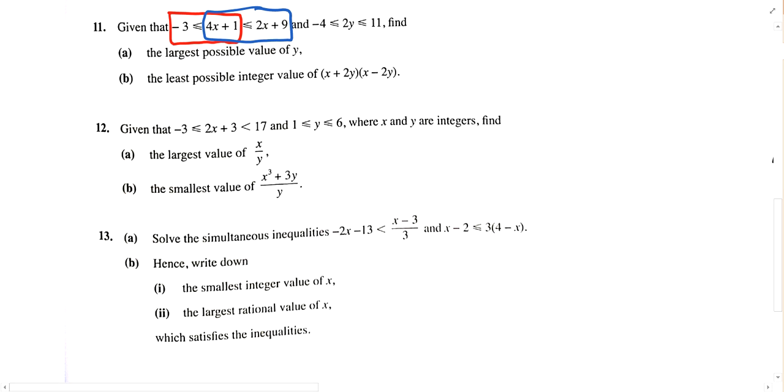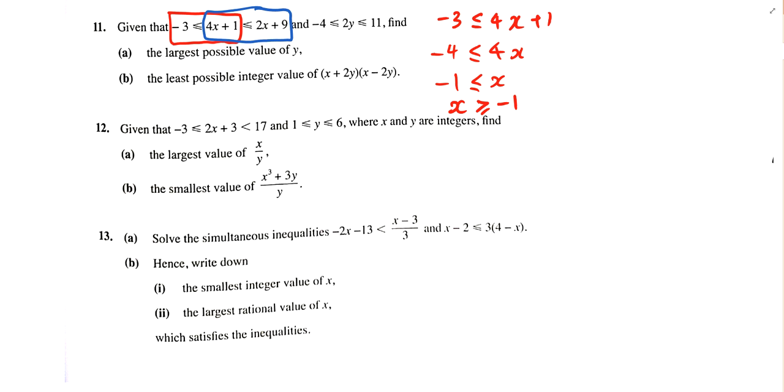as well as this. Starting with the red color one, negative 3 less than or equal to 4x plus 1. 4x over here, subtract 1 on both sides, so negative 4. X is greater than or equal to negative 1. Okay, so flip it around, x greater than or equal to negative 1.